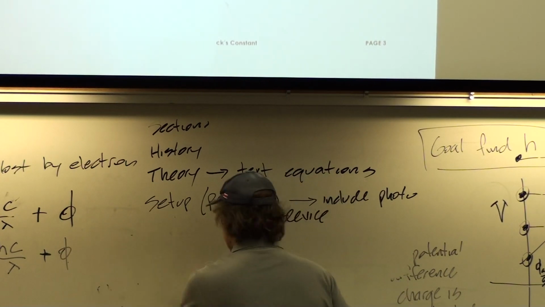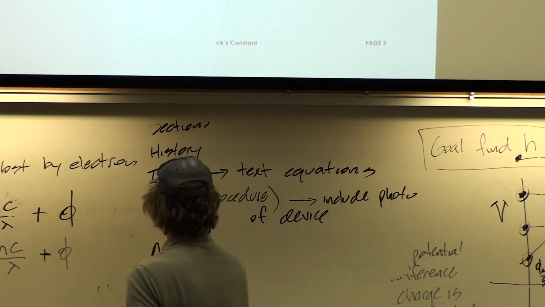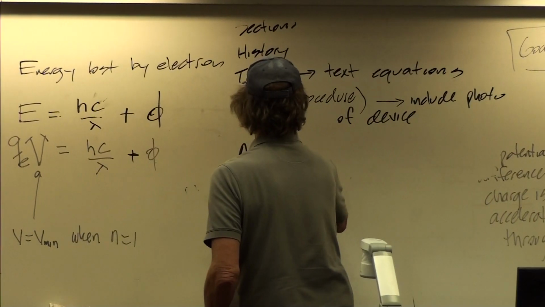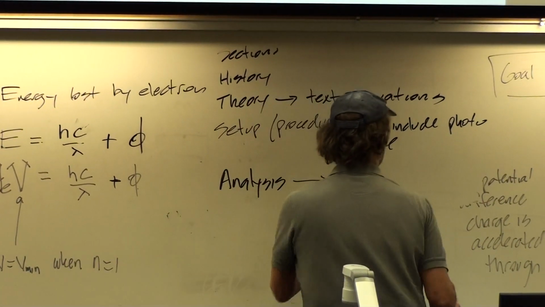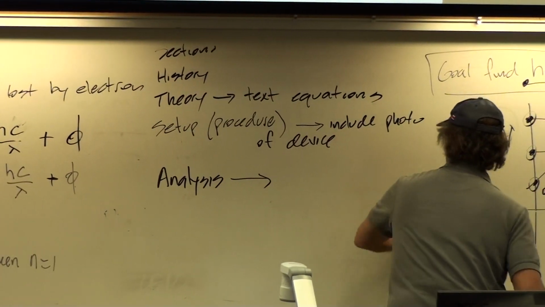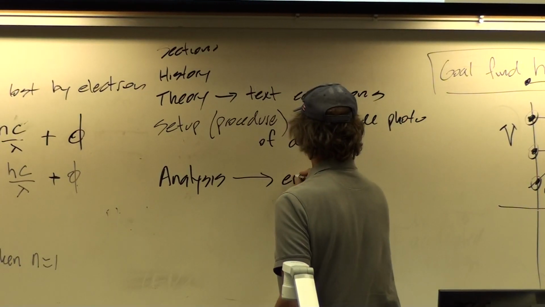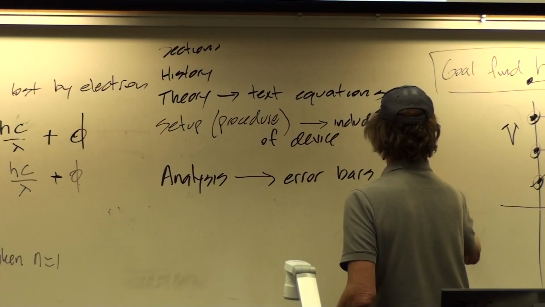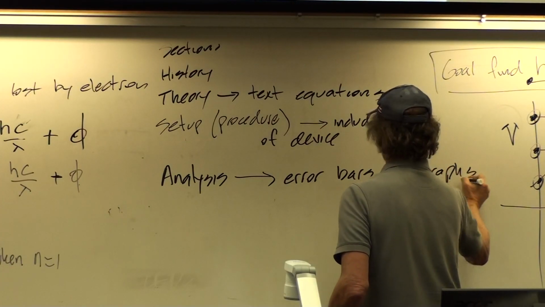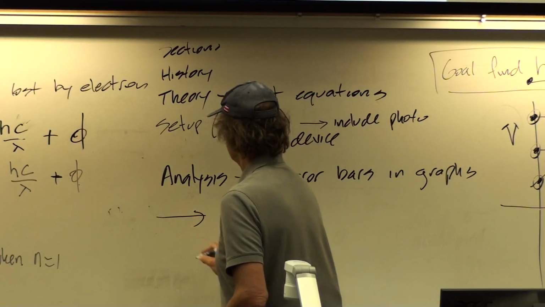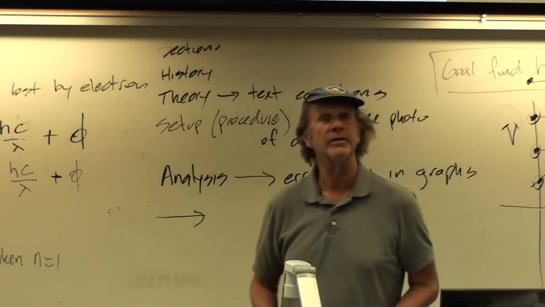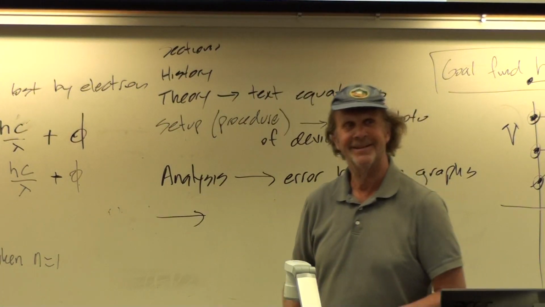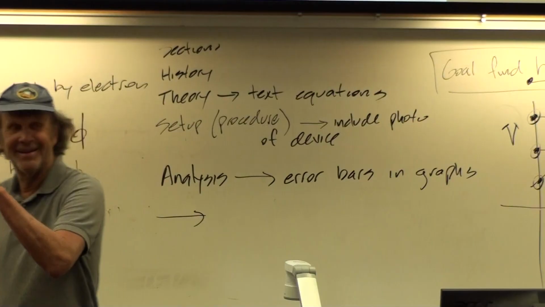And then in the analysis, be sure to show error bars in your graphs. And also, here, let me just circle this, how were the error bars calculated? I see a lot of error bars, they're great.